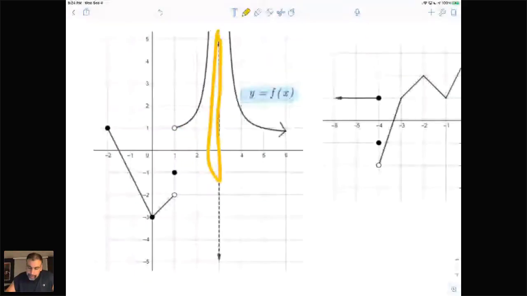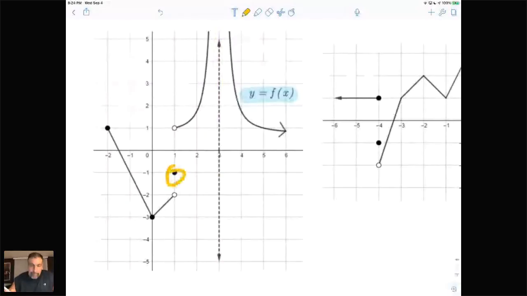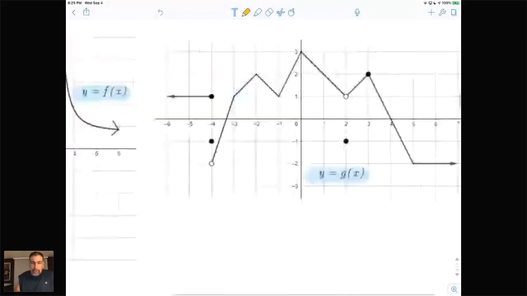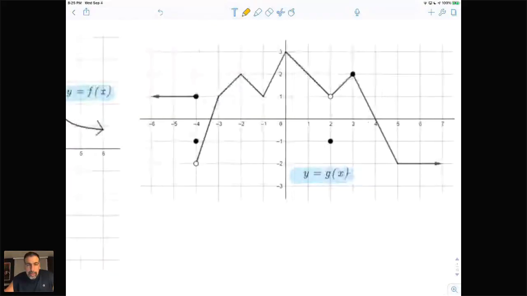We've also got just a random point right there where the function exists. And all these things are going to be on the graph, and we've got to know how to decipher them and know what's important and what's not important. So this is our f of x function. We're also going to be using this g of x function as well. Again, we've got some breaks over here.